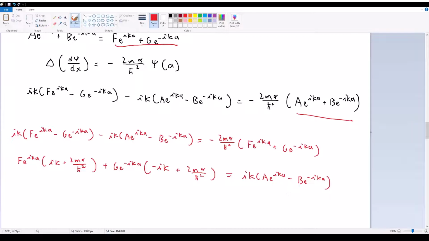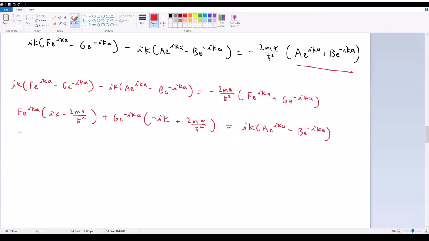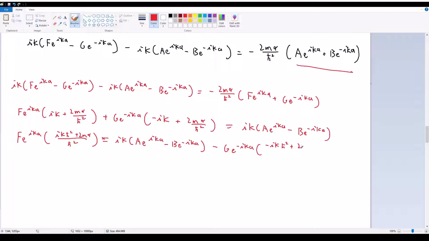So at this point, I collect a little bit more, and I get F e to the ika times ik h bar squared plus 2m alpha over h bar squared. And I'm going to solve for F first. So this is going to be equal to ik times A e to the ika minus B e to the negative ika, subtracted by G e to the negative ika, multiplied by negative ik h bar squared plus 2m alpha over h bar squared.